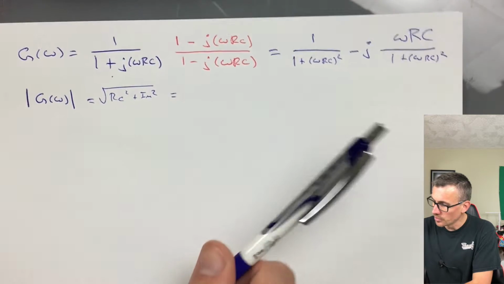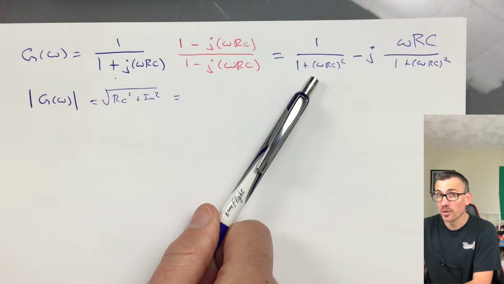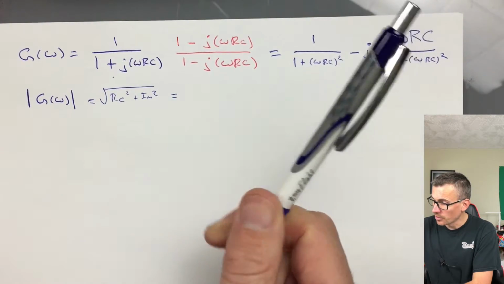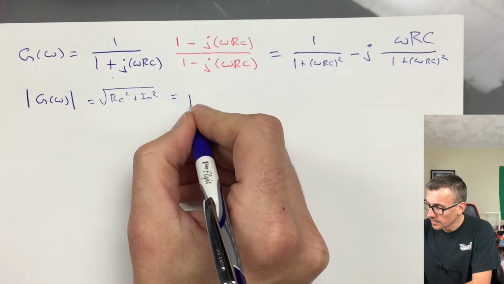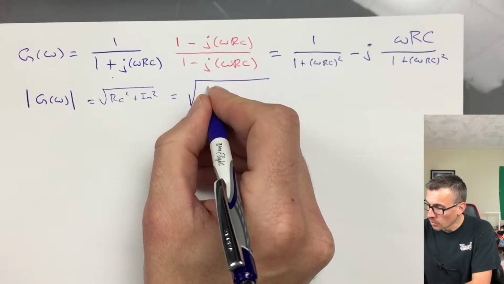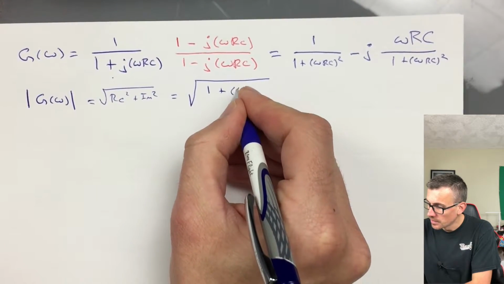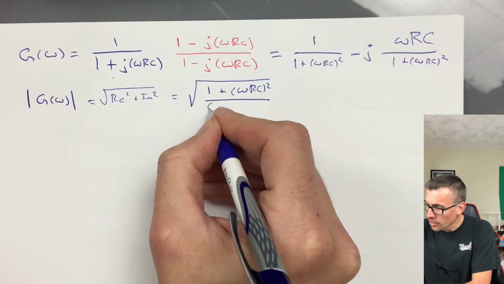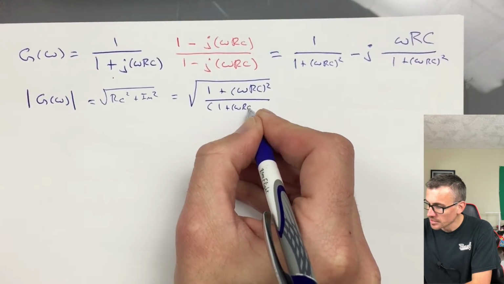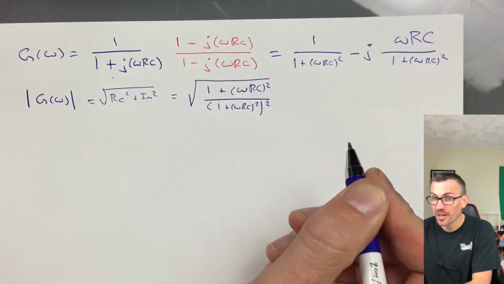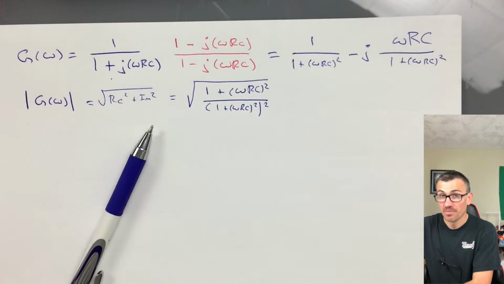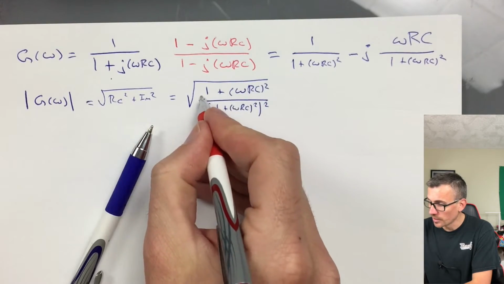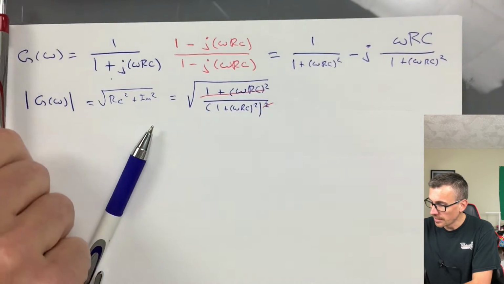Okay, so if we do this, we get the real part squared, 1 squared over the denominator squared, plus omega RC squared over the denominator squared. We're going to get, let's just write it out, 1 plus omega RC all squared over the denominator squared, 1 plus omega RC squared all squared. Fine. This whole term, the denominator, is just the numerator squared, so we lose that.